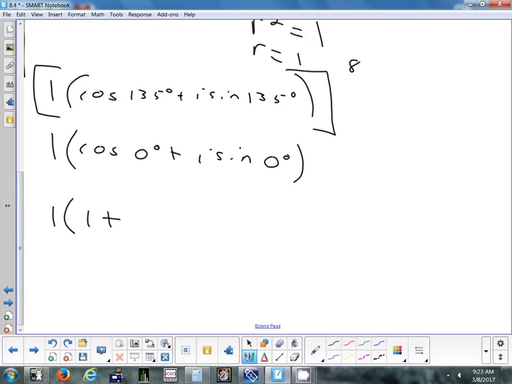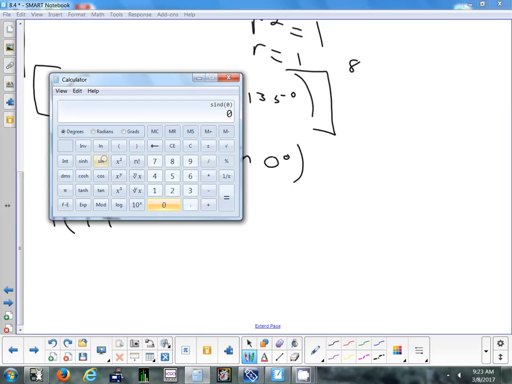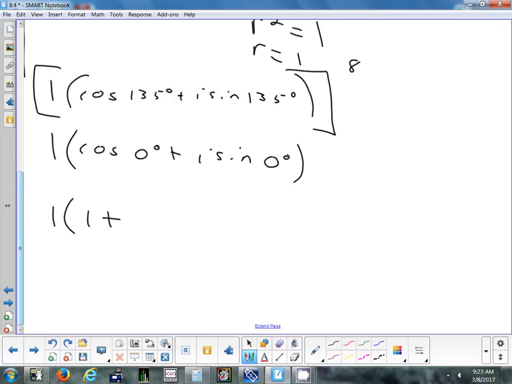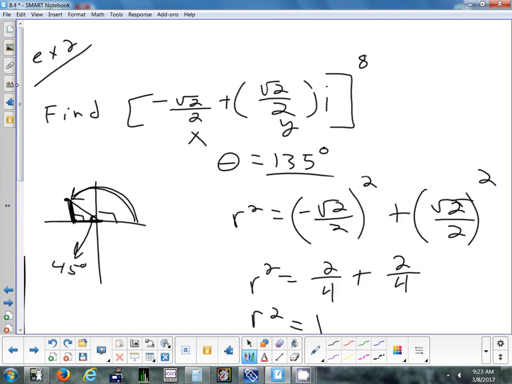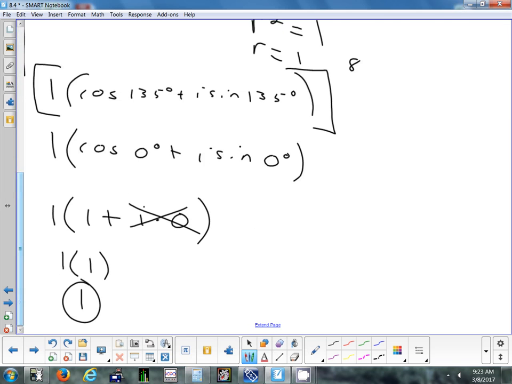And if I take the sine of 0, I get 0. What's 0 times i? 0. So I'm left with a 1 in the parentheses, and I'm left with just 1. So if you take this number and raise it to the 8th power, you just get the number 1.